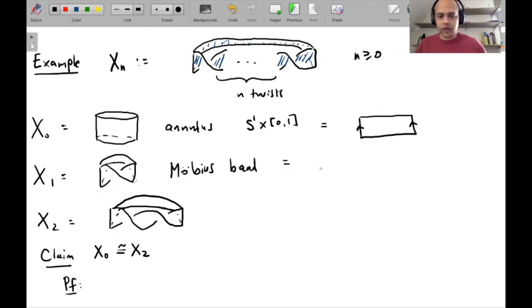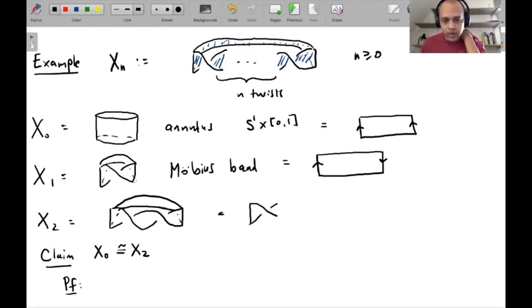Let's do this also for the Mobius strip to see how it's different. With the Mobius strip, we glue with a twist. You identify them with the twist like this. And then X2, I guess I would draw it this way. Well, we twist twice, and then we glue the ends like this.